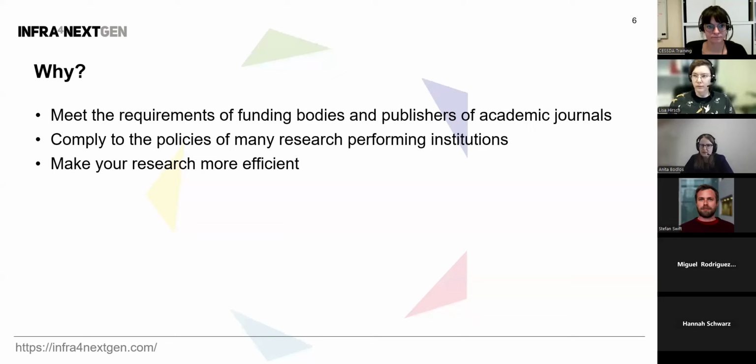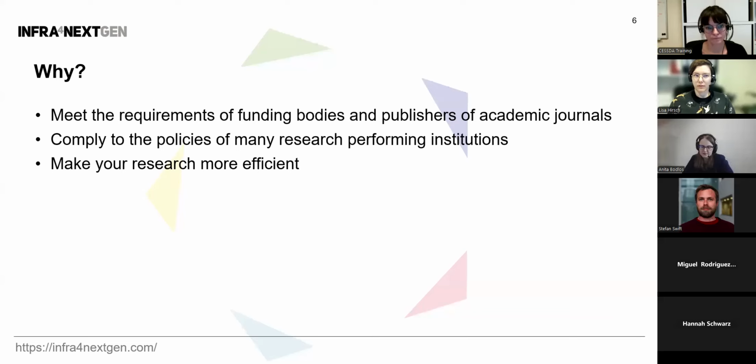Research data management can make your research more efficient. If you plan your research process at the beginning of your research project, and you lay out all the steps that you need to deal with and tackle along the way, it allows you to get ahead of problems. An example could be that when you work with personal data and conduct a survey, it's good practice to let respondents sign a consent form.